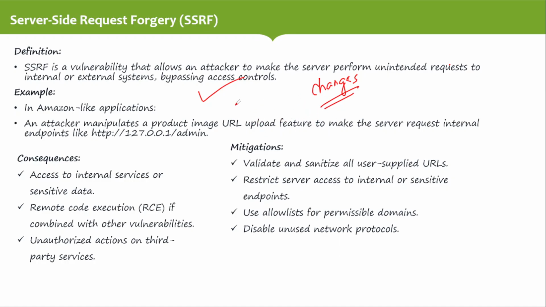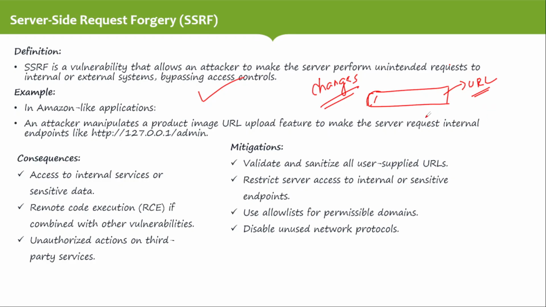So there will be a feature for uploading the URL, where we can send a request to the server and ask whether this product is present in the application or not. Let's say this is the feature where you can upload the URL of the product that you want to search.